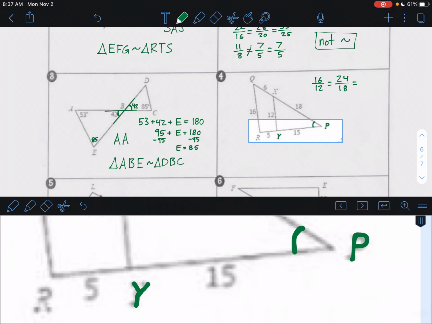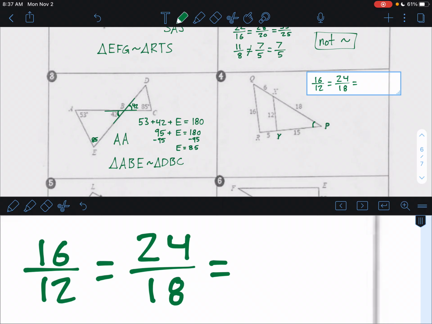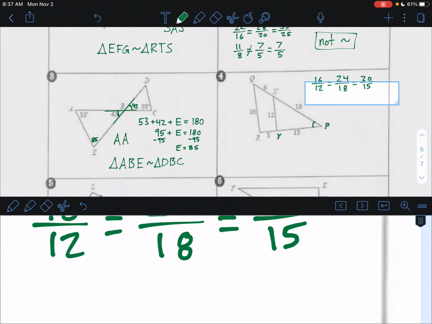And likewise, I'm going to have RP, which is in the big triangle, and YP, which is in the smaller triangle. So RP is not 5, it is 5 plus 15, which is 20, and YP is 15. And hopefully these all reduce to the same number.